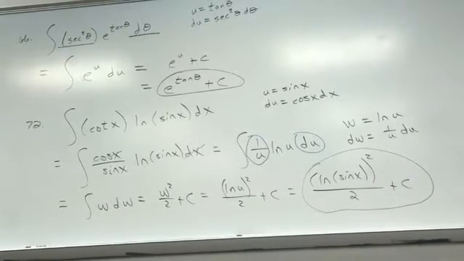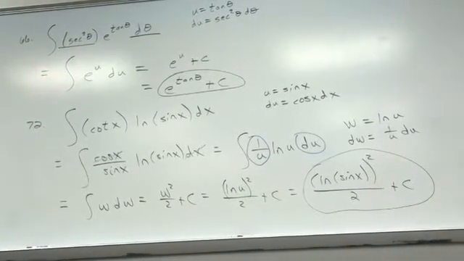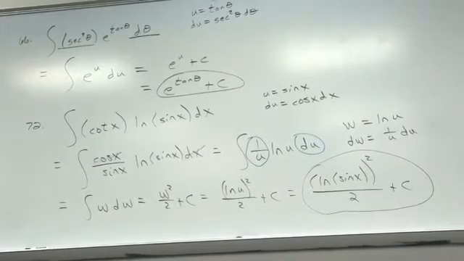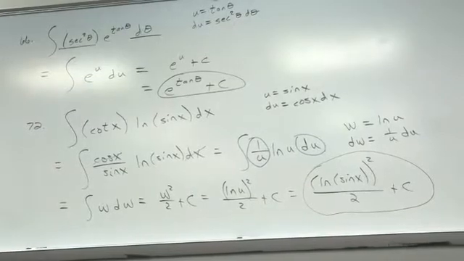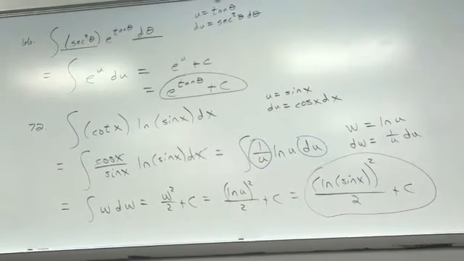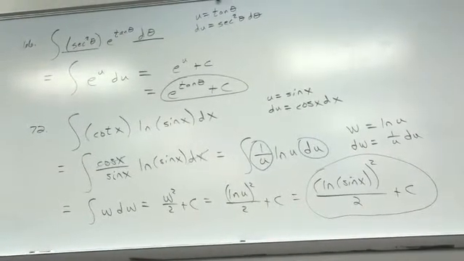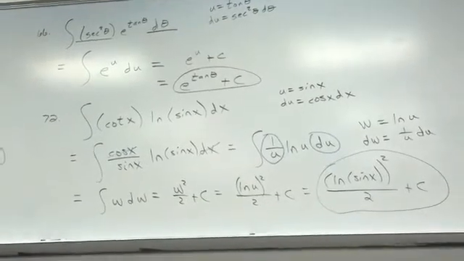In the definite integral part, problems 79 through 90, if you want to look through some of those, let's see, we'll look at one algebraic and then one trigonometric. So 86 and 90, for example.